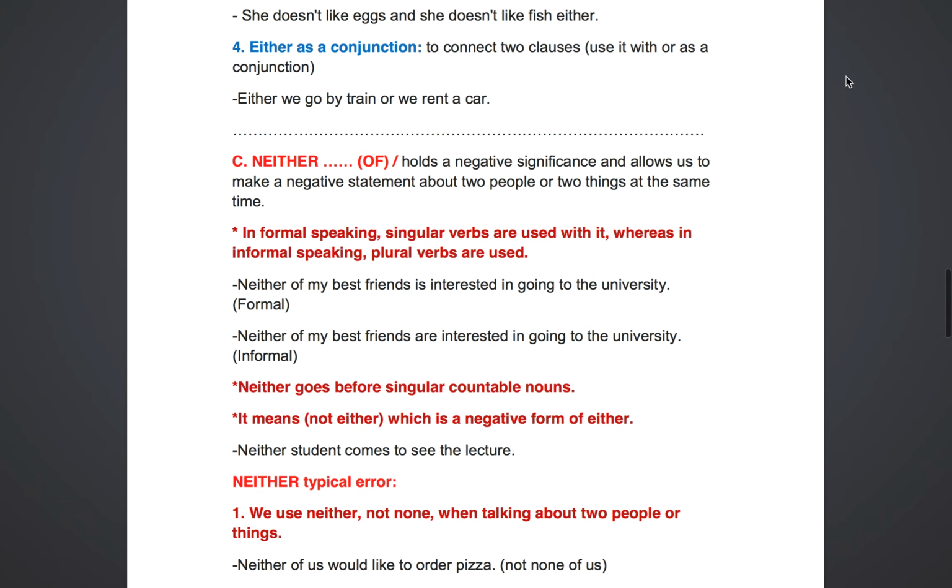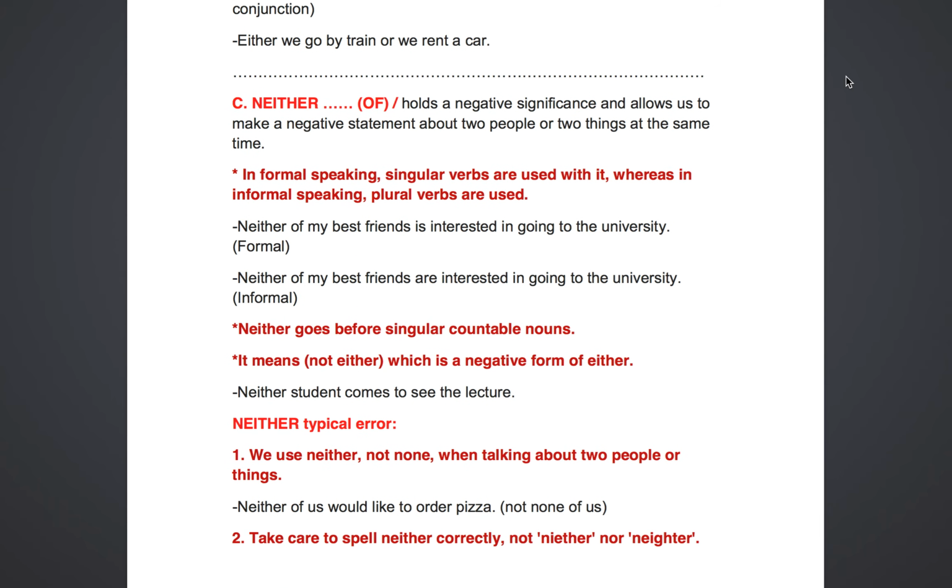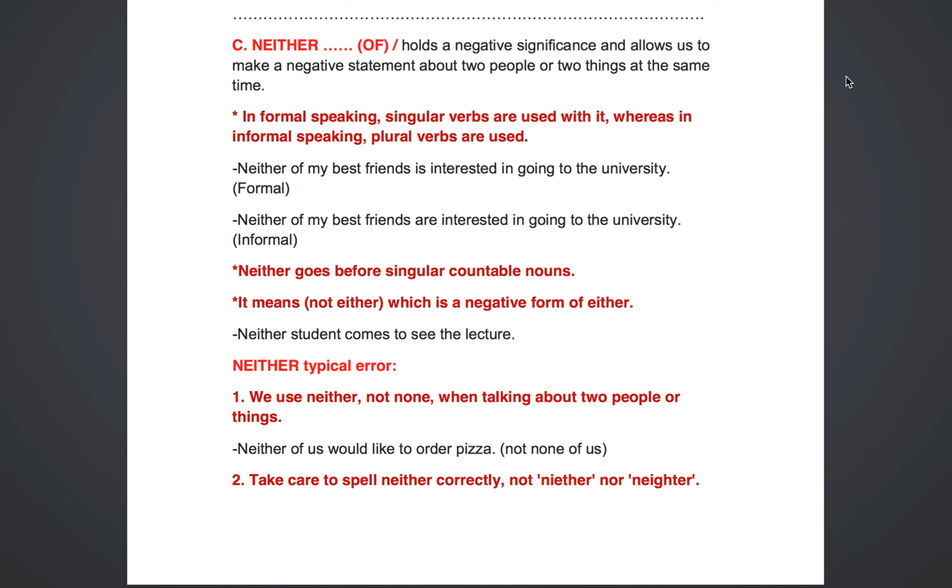And we are going to cover the different topic here, which is neither or neither of. Neither has the same functions as either, but this one is a negative form of either. It holds a negative significance and allows us to make a negative statement about two people or two things at the same time.